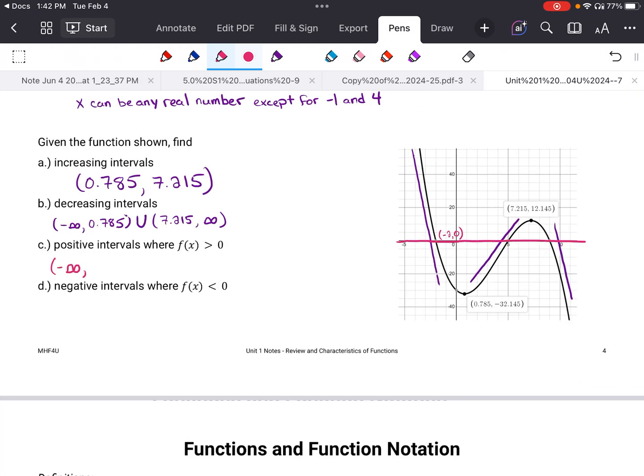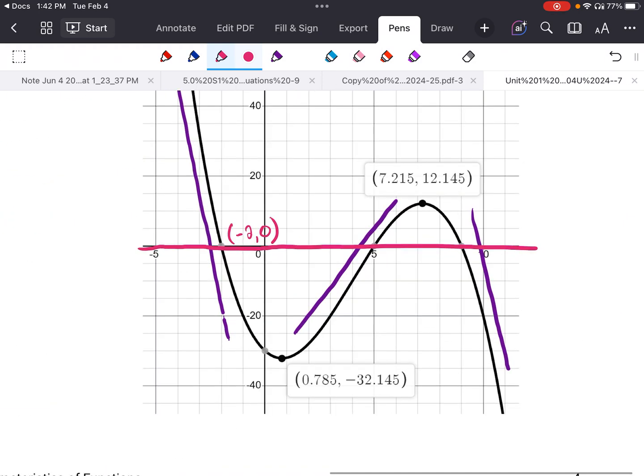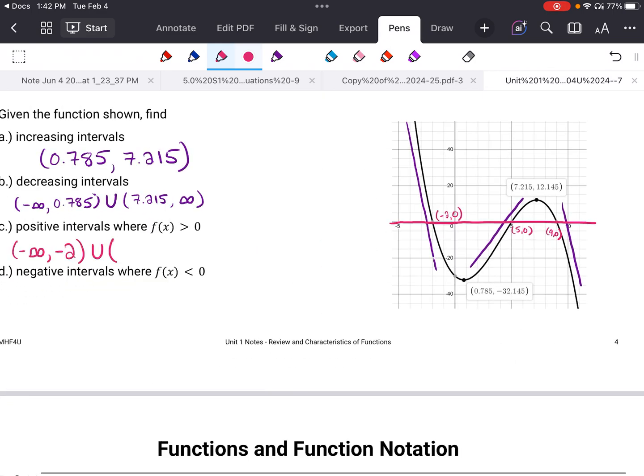So negative infinity to negative 2 is positive, and then also it goes above the axis line at 5 and back down at 9. So it's also positive from 5 to 9.